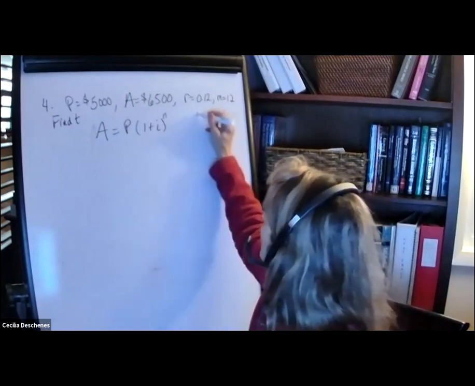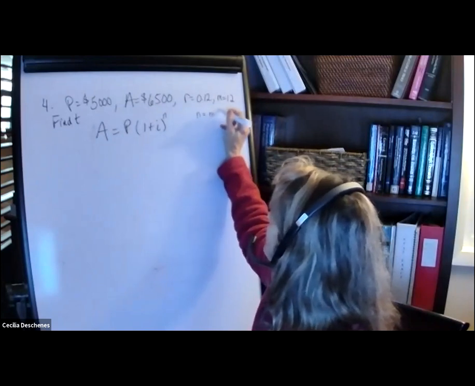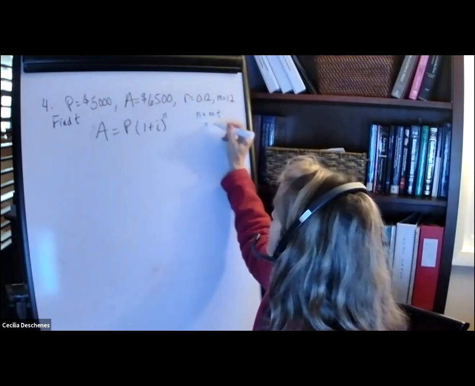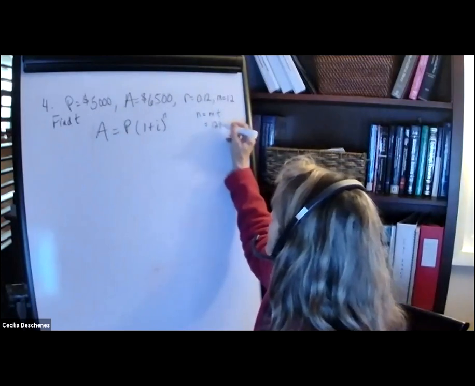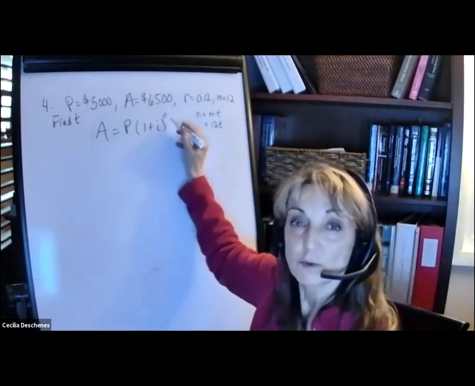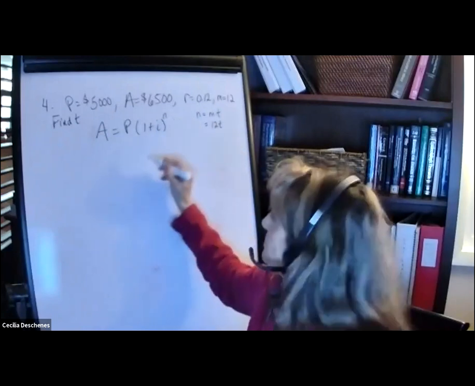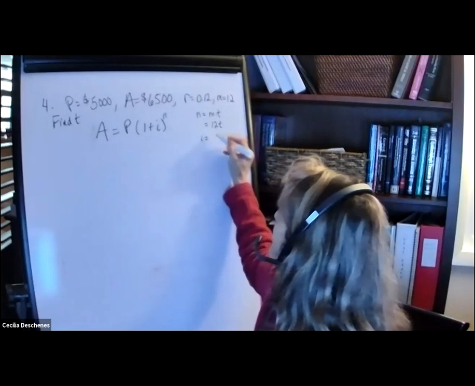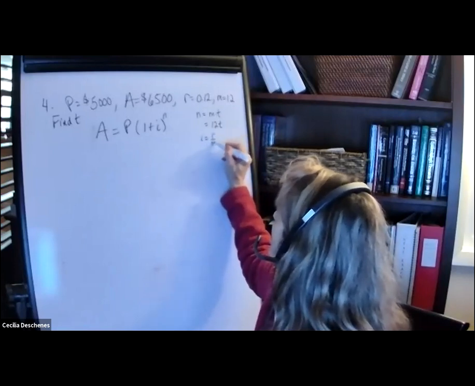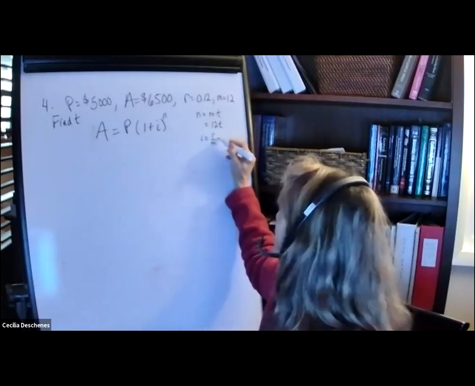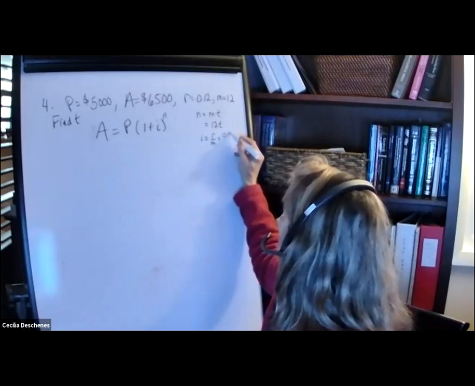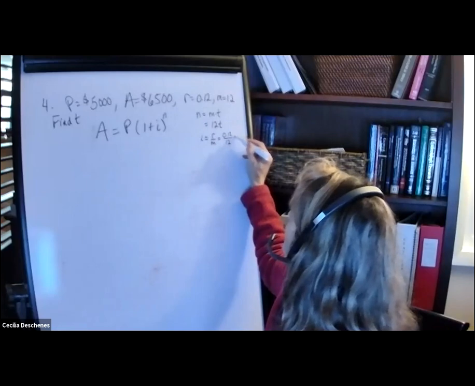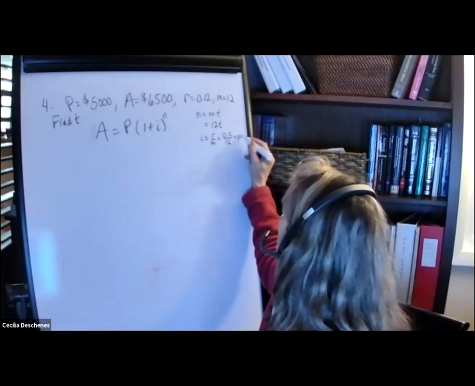So remember that n equals mt. So for our purposes, n is equal to 12 times t. So we're going to replace n with 12t. And then the other thing we need is the I, right? So the I is the rate divided by the number of conversion periods. So it's 0.12 divided by 12, which is going to be 0.01.